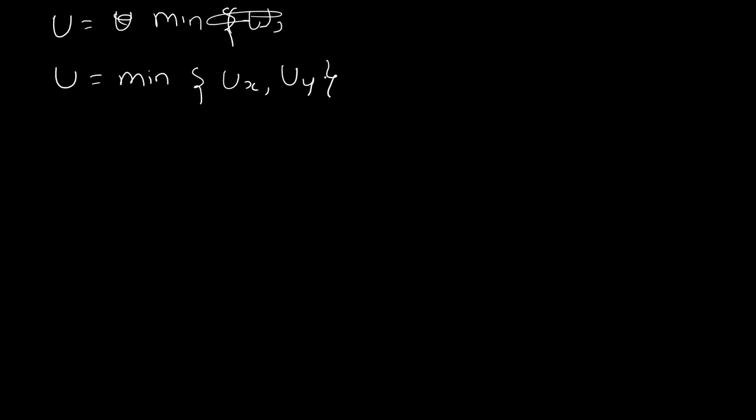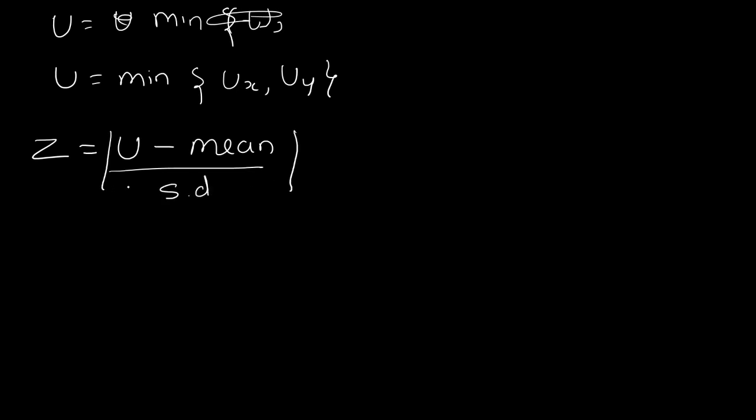Once U has been found, you will go for the test statistic Z, which is given by U minus mean upon the standard deviation, and you consider only the positive value of that. Mean is given by n1 n2 upon 2.